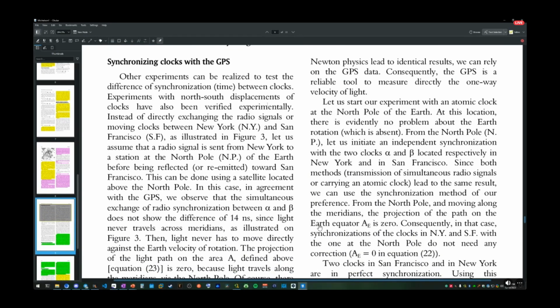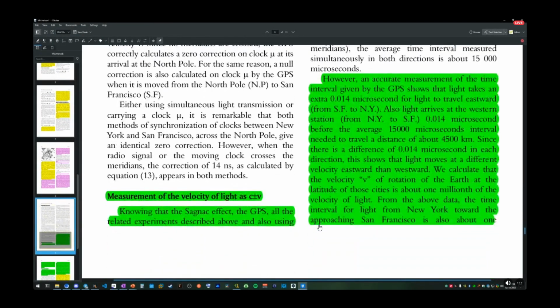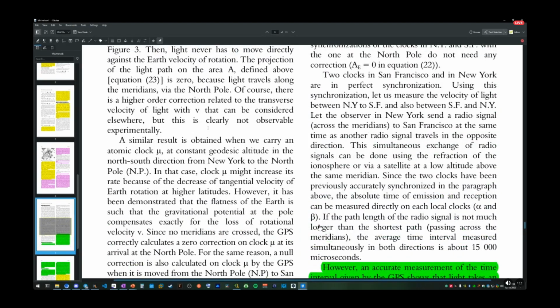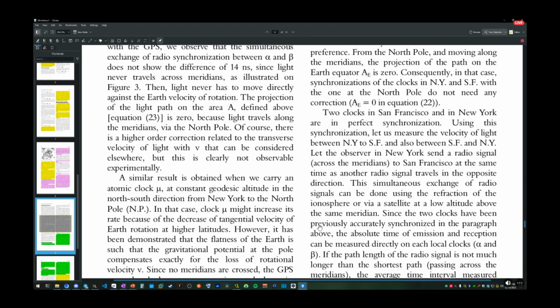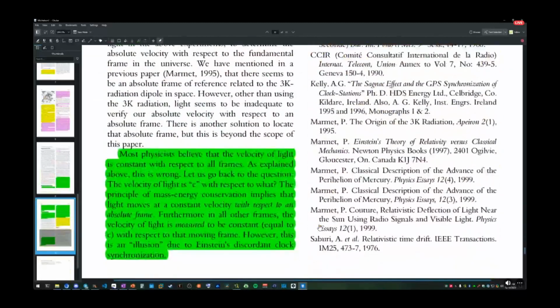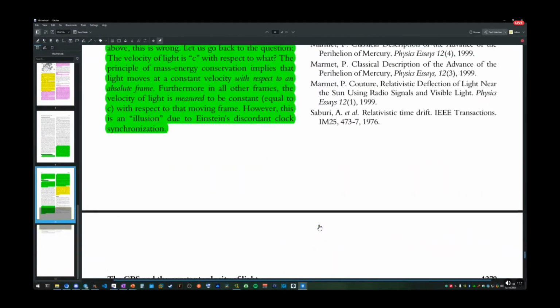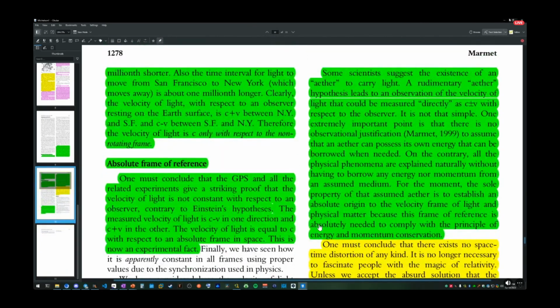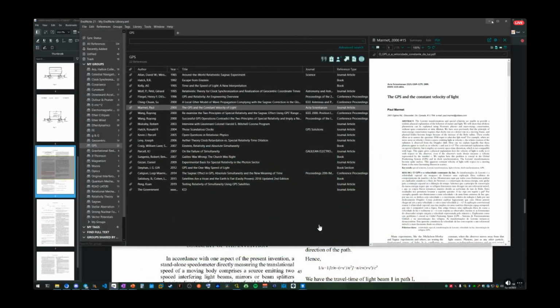They basically turned GPS into a giant Sagnac device, a closed loop interferometer, and the variance in C at altitude shows an increase in speed going east by 14 nanoseconds and a decrease in speed going west by 14 nanoseconds. He completely demolishes that, and this is apparently a paper that doesn't prove there's any variance. So, that's cool.